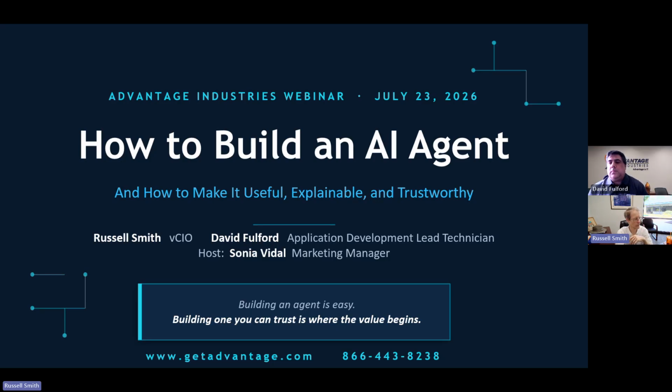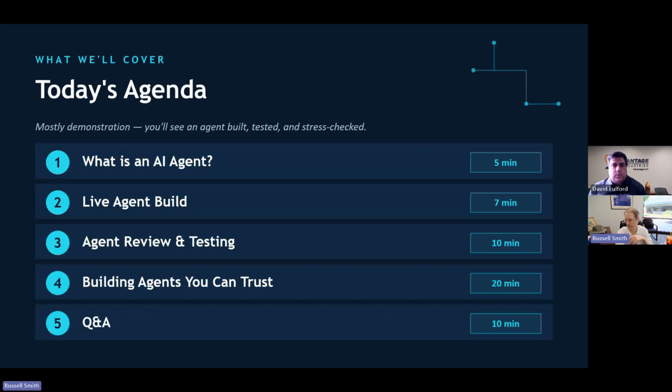So what we wanted to do is start off with a very short recap on what an AI agent is. If you didn't attend last month's webinar, it is available on YouTube. We suggest you go check that one out too. We are then going to get into the good stuff, do a live agent build while we're sitting here with David, and then we're going to go to probably the more interesting concept, which is: you built an agent.